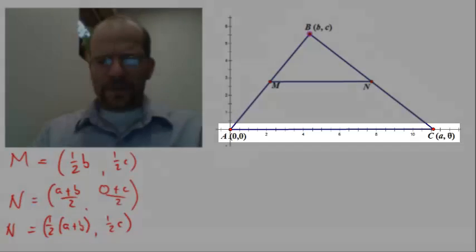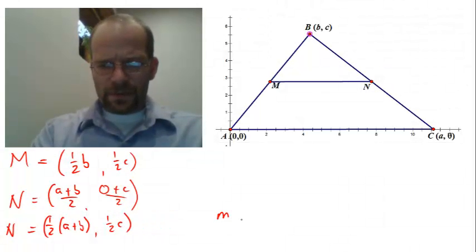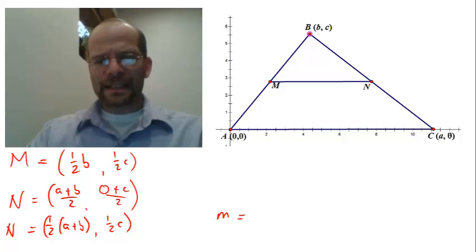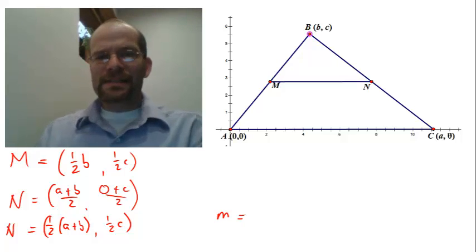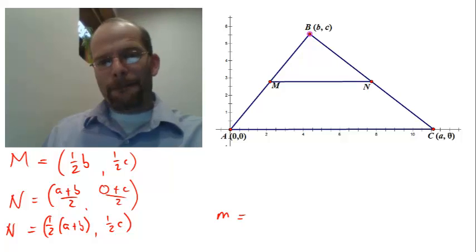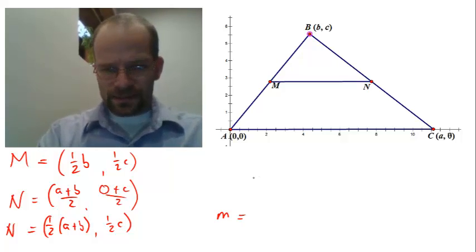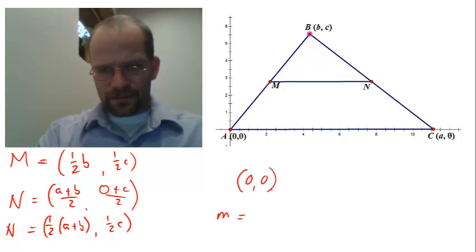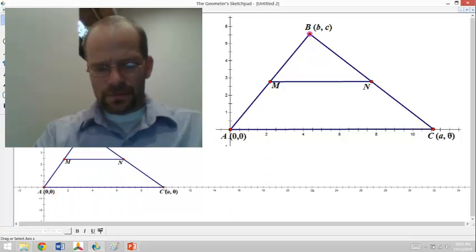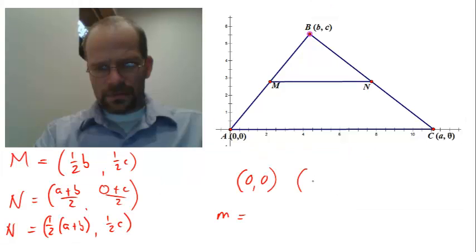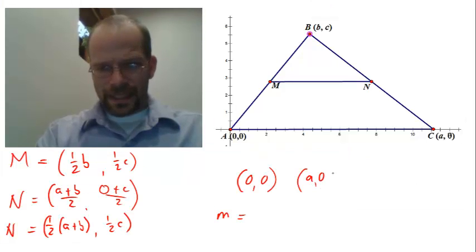Let's talk about the slope of the third side first. Remember, slope, lowercase m, is equal to delta y over delta x. And in this case, we can see that the third side of the triangle goes from the points, I'll just write these up here for a moment, from (0, 0) to (a, 0).